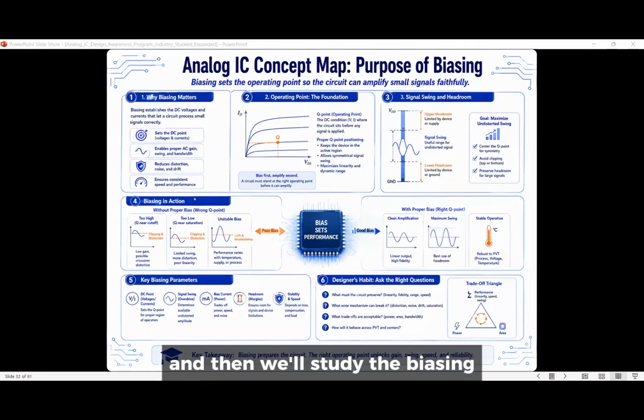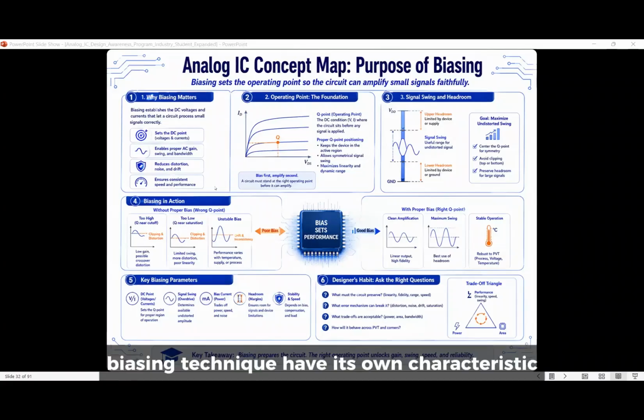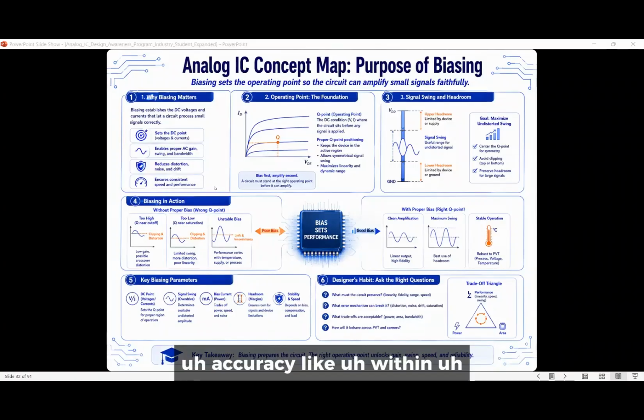And then we start with biasing, the biasing topology for different kinds of amplifiers. Each biasing technique has its own characteristic. Some biasing techniques have the advantage of accuracy, to maintain very good accuracy, like within 1% accuracy.